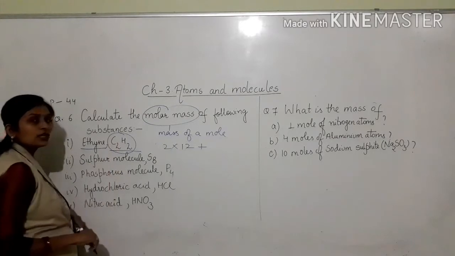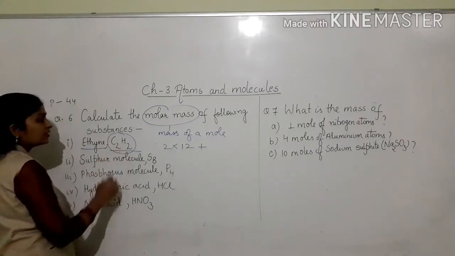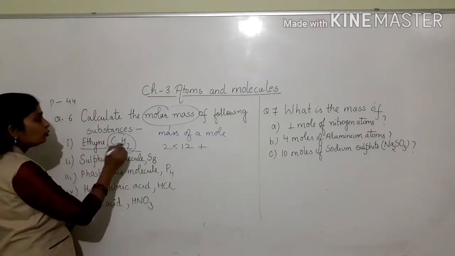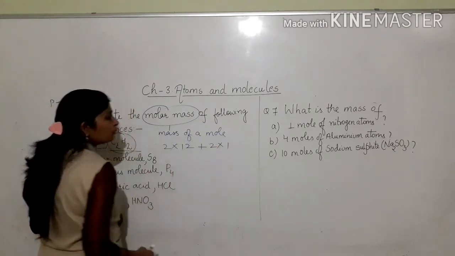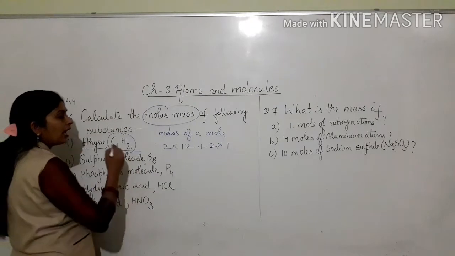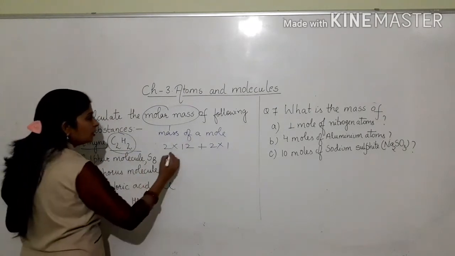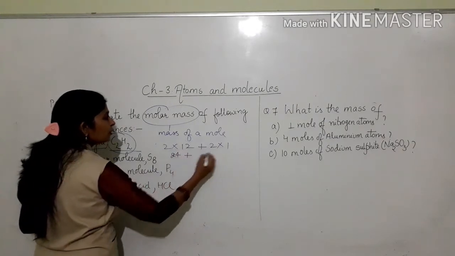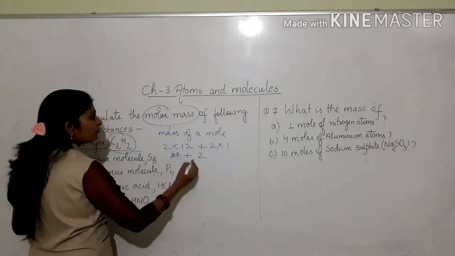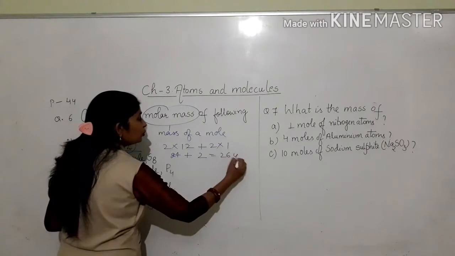If one hydrogen atom has 1 U mass, then 2 hydrogen atoms will have 2 into 1 U mass. Now add all these masses. 2 into 12 is 24, plus 2 into 1 is 2. 24 plus 2 is 26 U.